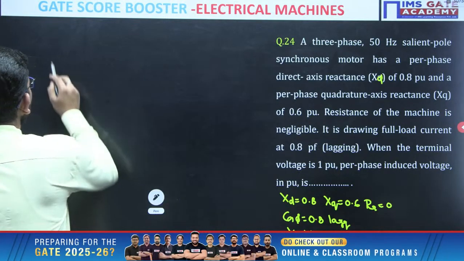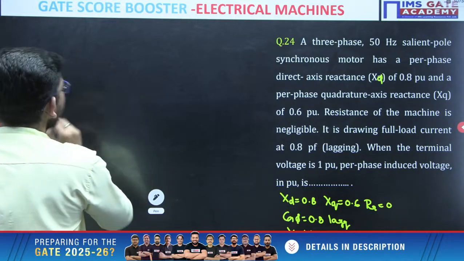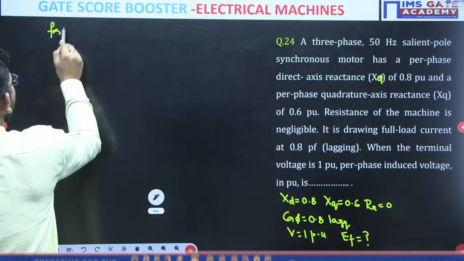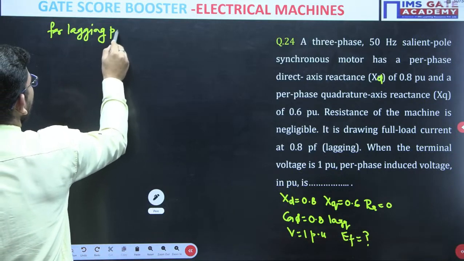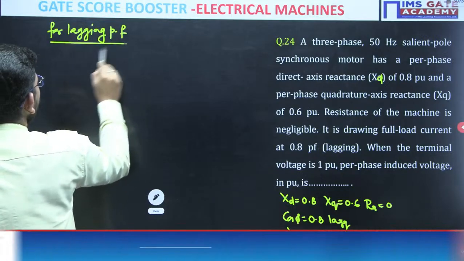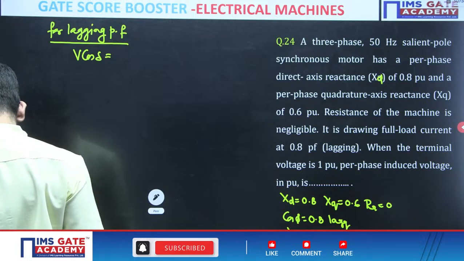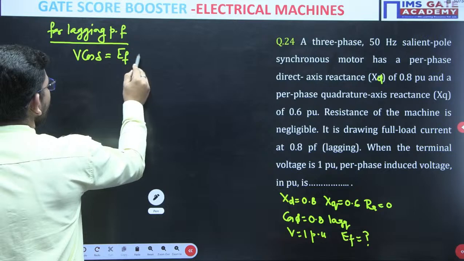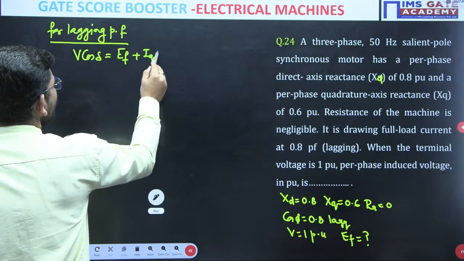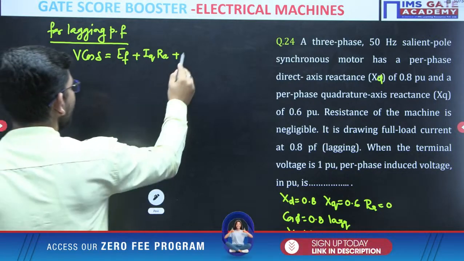First of all, what is the power factor given? It is given lagging here. So for lagging power factor, we need to apply this condition: V cos del equals EF plus IQ RA plus ID XD.